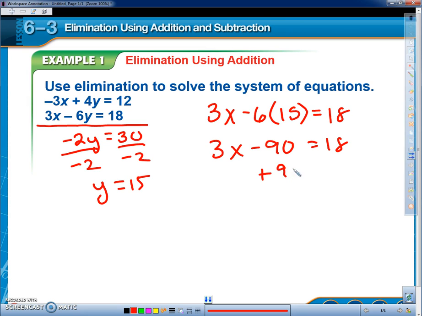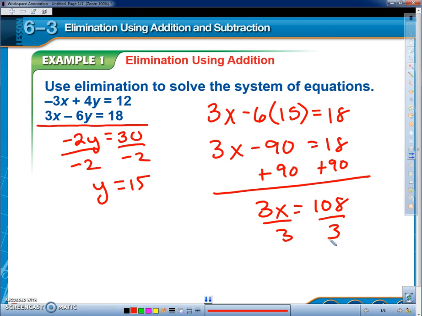I'm going to add 90 to both sides, and I'm going to get 3x equals 108. Now, divide by 3. X equals, what is that, 36? I think so. So our answer on this one is 36, 15.